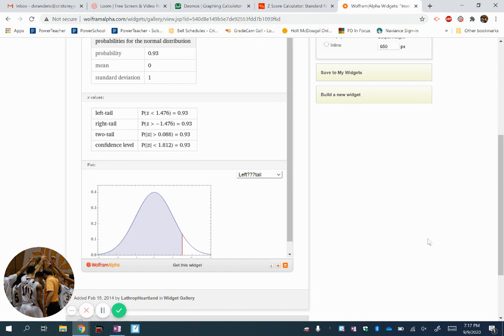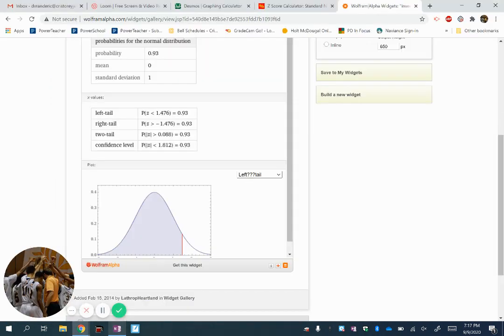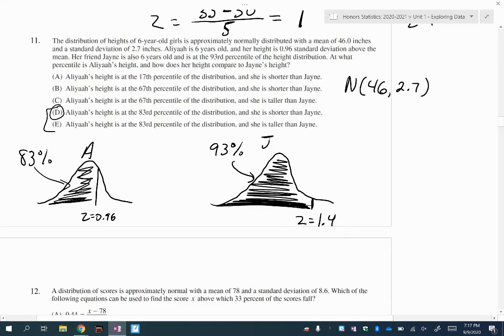So she's got a 1.476 z-score. Her z-score is 1.476 standard deviations above the mean. So that's farther away, so that's taller, you're further to the right.